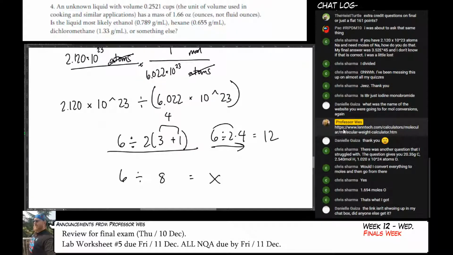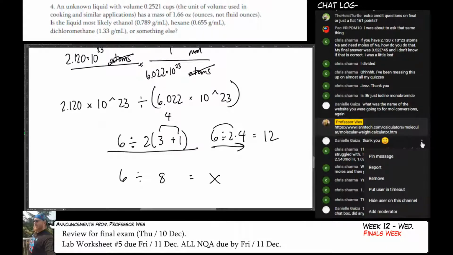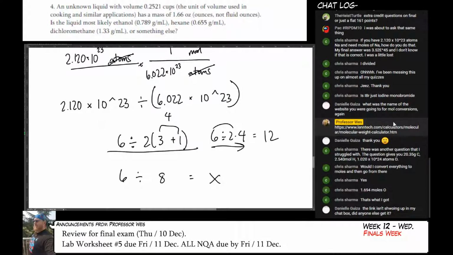The link is not showing up in the chat box. I can see it on the screen here, but I also don't know what you see. I am the moderator, so I should be able to... I don't want to do that. Let's do it this way. Type Lentech molar mass into Google.